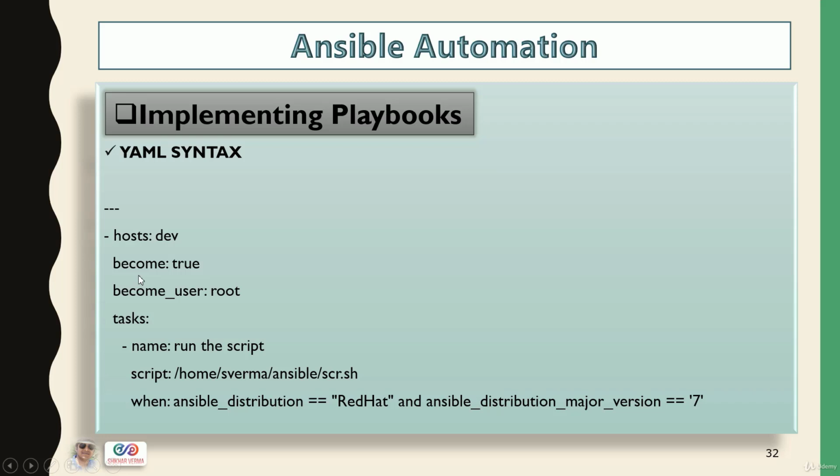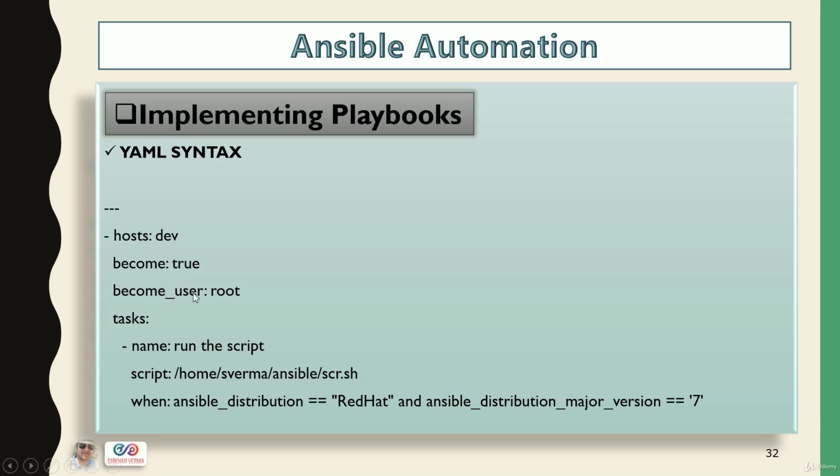Now I need a few conditions, like when this playbook is going to run, it will become the root user. So that's why I have set become to true. It means that when this playbook is going to run, it is going to run as a normal user to log into your destination servers, your managed hosts, and before executing the task, it will elevate its privilege.